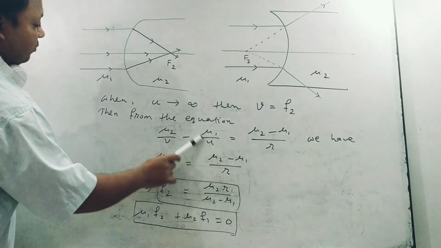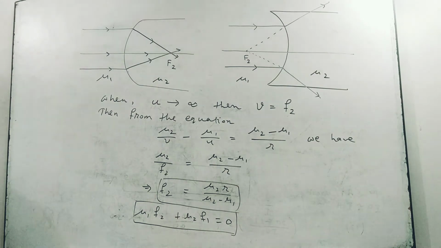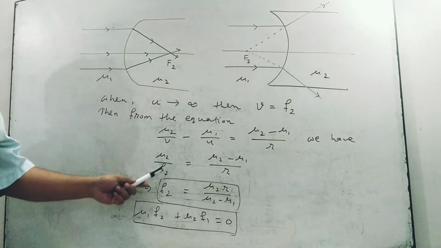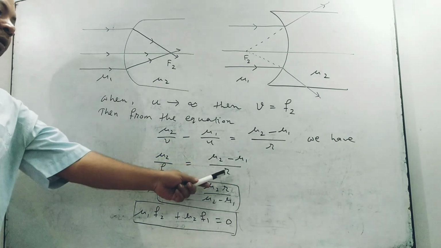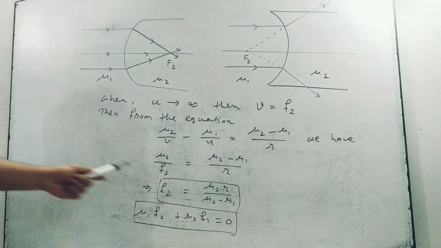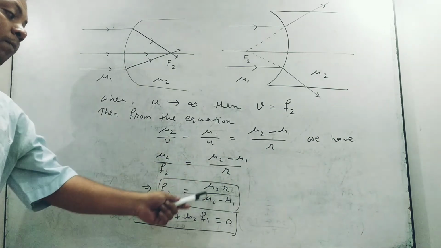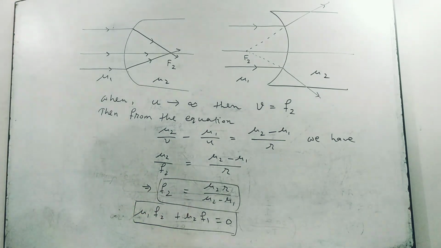That's why the u term will be 0. Therefore, mu2 by f2 is equal to (mu2 minus mu1) by R. This gives f2 is equal to mu2 R by (mu2 minus mu1). This is the second principal focal length.